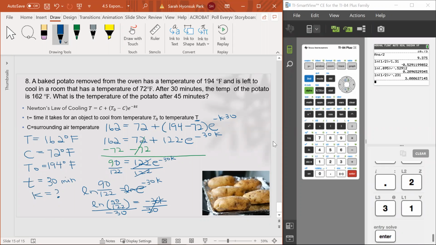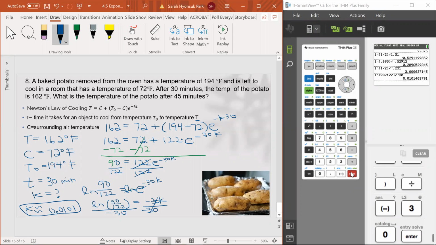So let's calculate k. ln of 90 over 122 divided by negative 30. K is going to be, let's do 4 decimal places again, 0.0101. So the cooling of the potato has a decay rate of 0.0101.